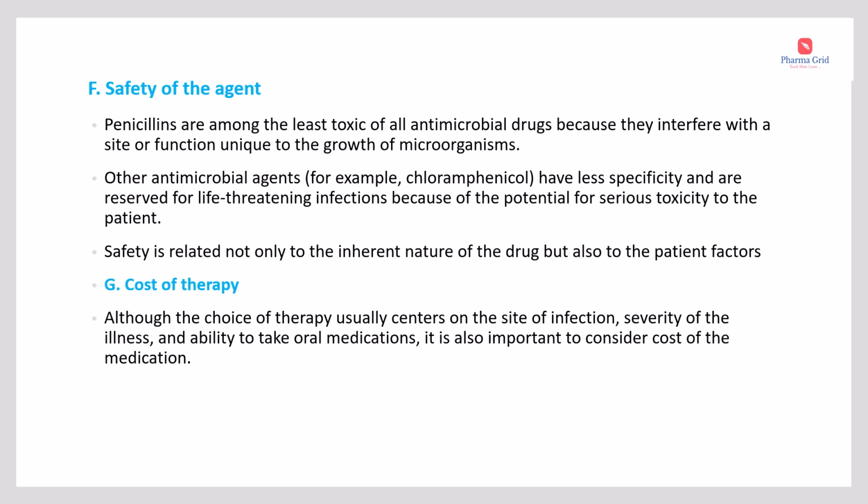So safety is related not only to the inherent nature of the drug but also to the patient factors. Next one is the cost of therapy. Although the choice of therapy usually centers on the site of infection, severity of the illness, and ability to take oral medications, it is also important to consider cost of the medication.